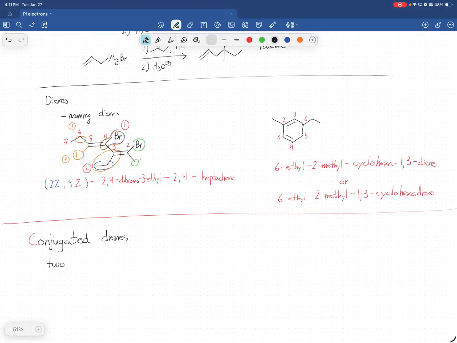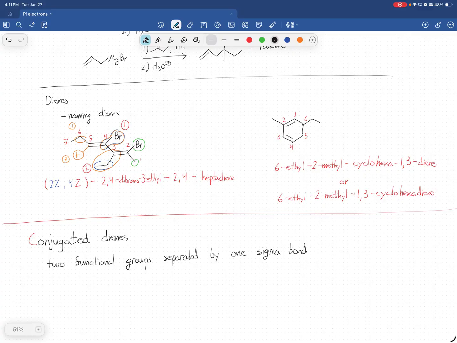So conjugated means two, in this case, two alkenes or functional groups separated by one sigma bond.